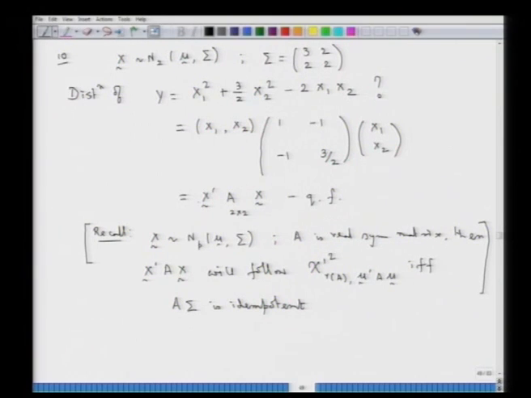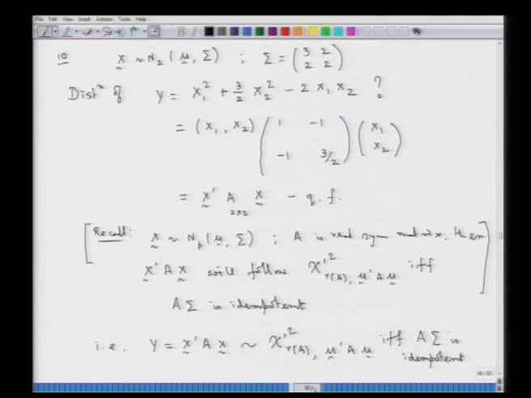We have this random variable expressed in terms of this quadratic form. Using this result, our y random variable, expressed as x transpose A x, will follow chi prime square with rank of A as its degrees of freedom and mu prime A mu as its non-centrality parameter, if and only if A sigma is idempotent.